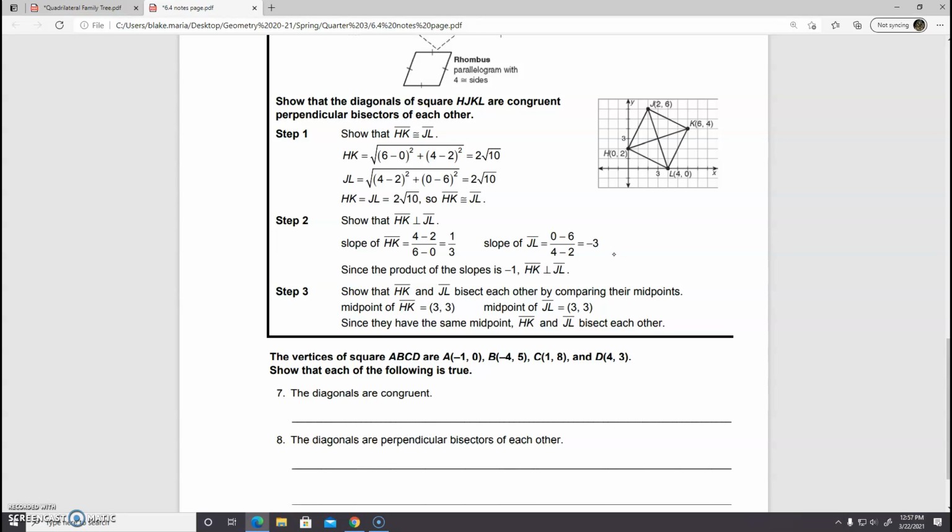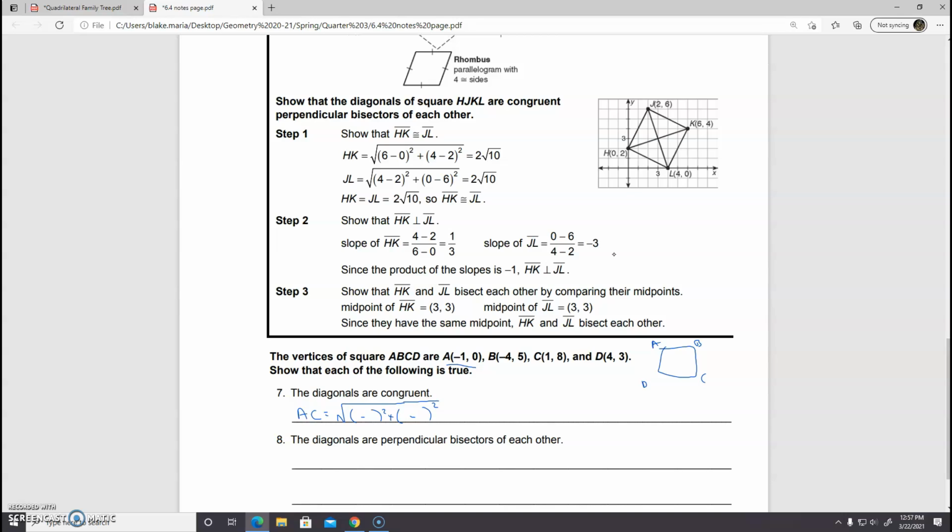So we've got A, B, C, D. I'm not going to graph it, but you can if you want to. So you know your diagonals are A to C and B to D. We want to prove that they're congruent, so let's use a distance formula. So AC, remember our shell for our distance formula, and those are both subtraction. So put your x's in one and your y's in the other.